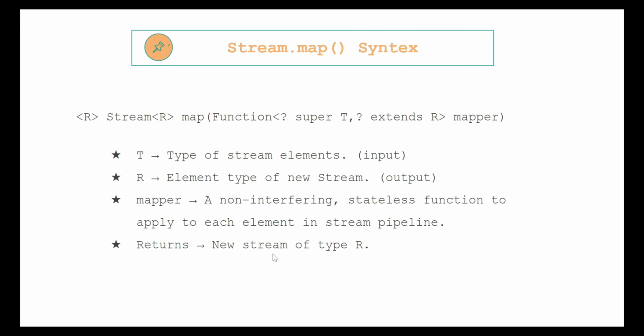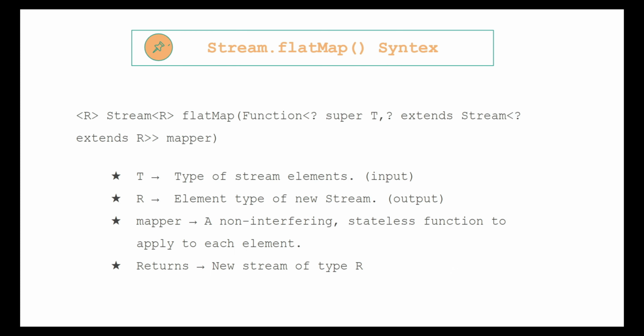So now let's discuss the syntax of flatMap. So flatMap is similar to map. In case of taking an input, it takes a function as an input parameter, where T is the type of the stream element and considered as an input, and R is the element type of the new stream.